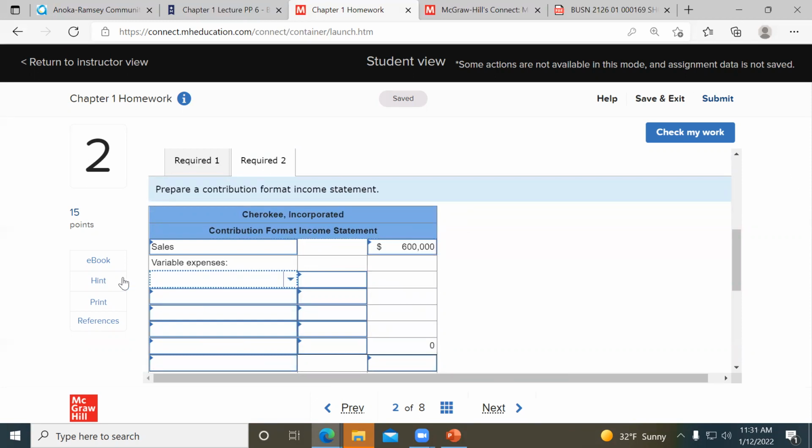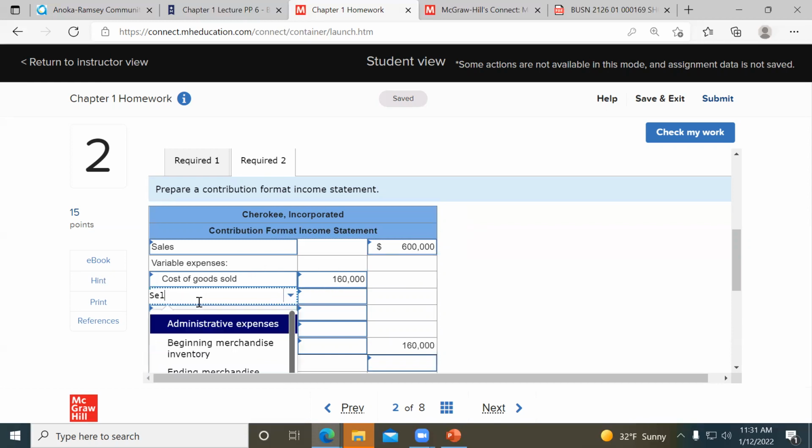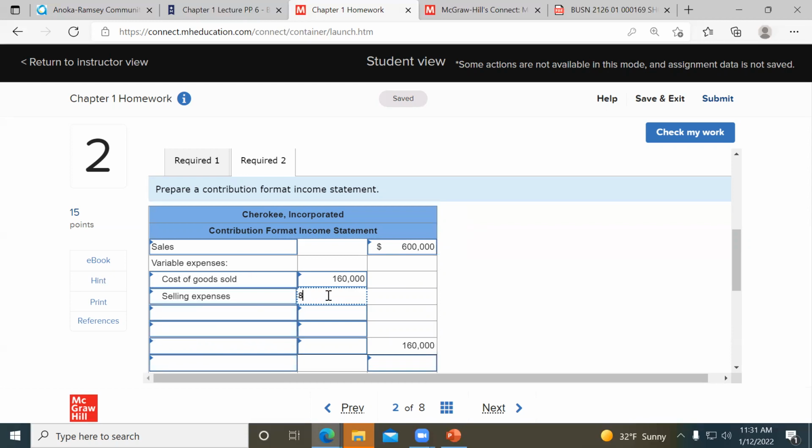But then we would have our cost of goods sold to be 160, selling to be 80, admin $40.